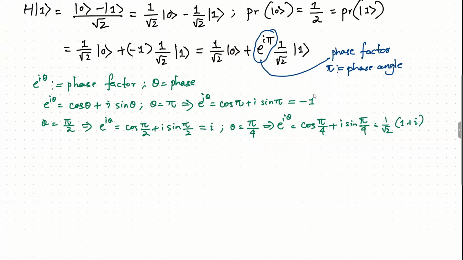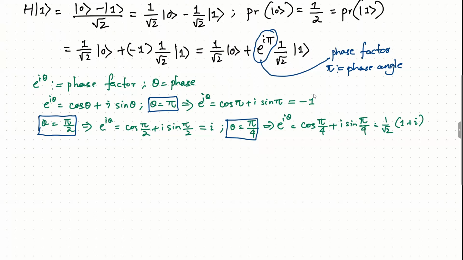Okay. So these are three different phase angles, and we'll see that we have three different gates based on these three different phase angles. I'll show you in a moment.